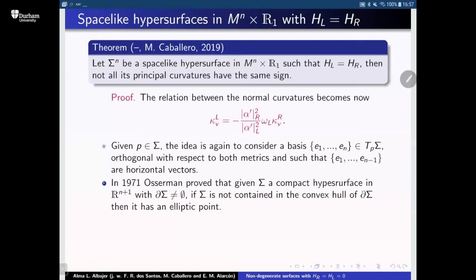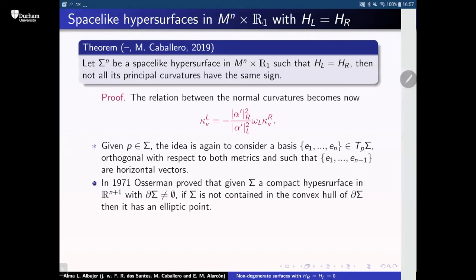Our result in the case of the Euclidean space, so if the fiber Mn is Rn, we have here the Euclidean or the Lorentz-Minkowski space. So our result in the case where M is Rn says that not all the principal curvatures have the same sign, which is equivalent to saying that there are no elliptic points.